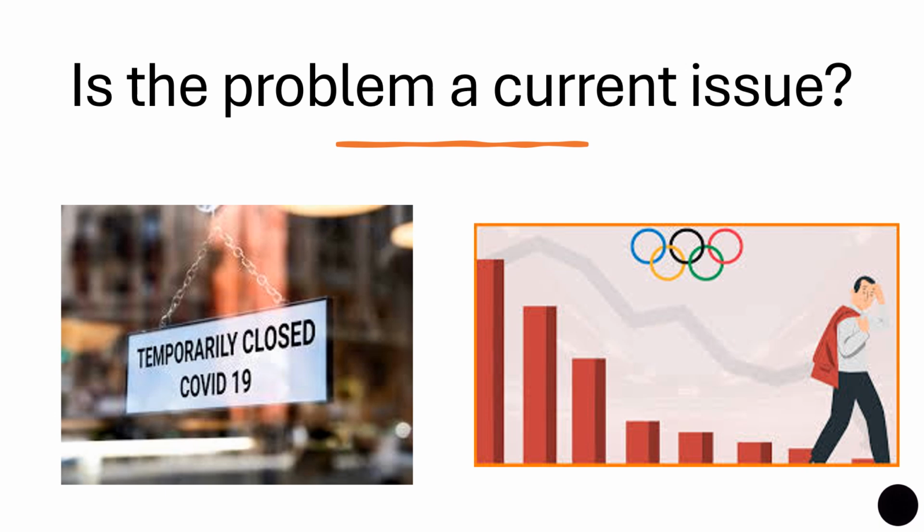Or if you are investigating that because of the Olympics being held in Paris, there was a business impact, a good impact, maybe a negative impact, maybe because of the number of people coming in, there was a lot of social impact in the society. But now that the Olympics is over, is the issue still relevant? So you have to think about the issue. There's no harm in investigating the impact of the Olympics, provided that you are studying something that is a long-lasting impact.